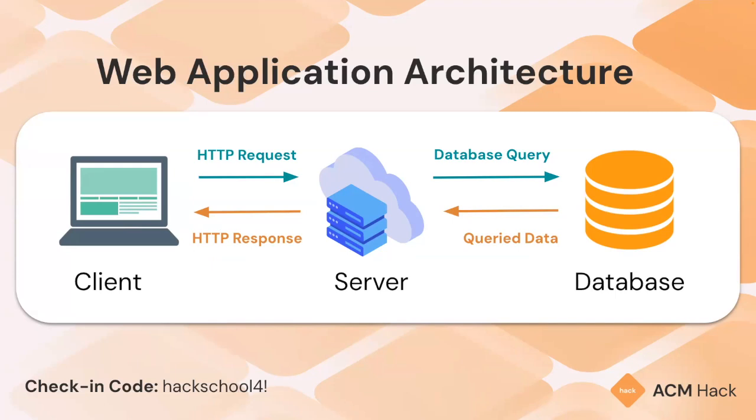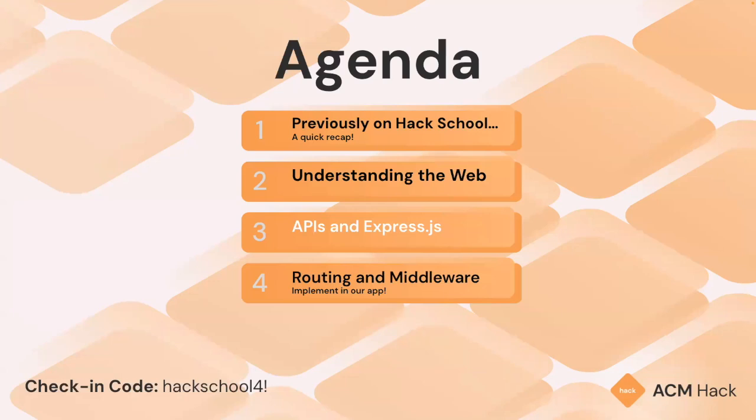A client, your computer or browser, would send a HTTP request to a server, and then the server would get a database query, and then the database, getting that query, would send the query data back to the server. With a status code response that I mentioned before, it would be displayed on your client with any data requested. And now we will be going into APIs and Express to start implementing the backend of your application.